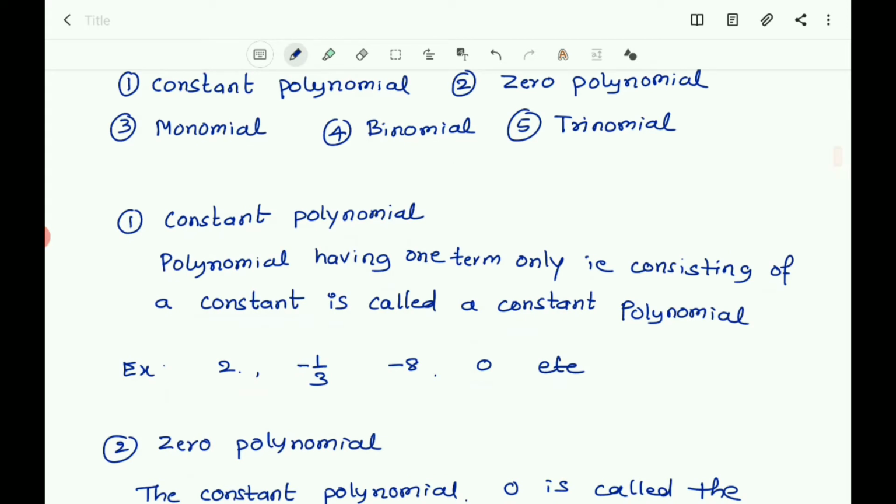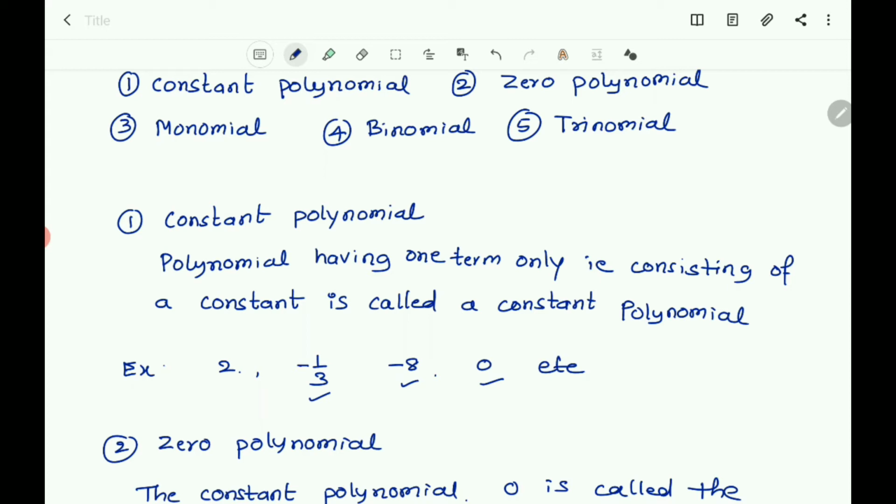A polynomial having only one term, that is consisting of a constant, is called a constant polynomial. Examples: 2, minus 1 by 3, minus 8, 0. Here 2 is one constant polynomial. Minus 1 by 3 is also a constant polynomial. Minus 8 is also a constant polynomial. 0 is also a constant polynomial.